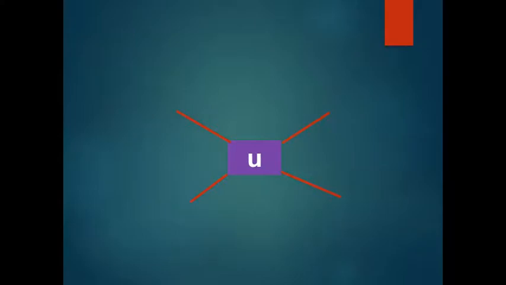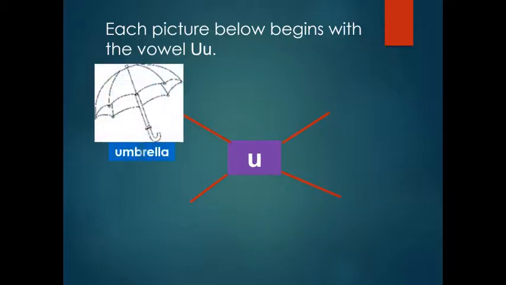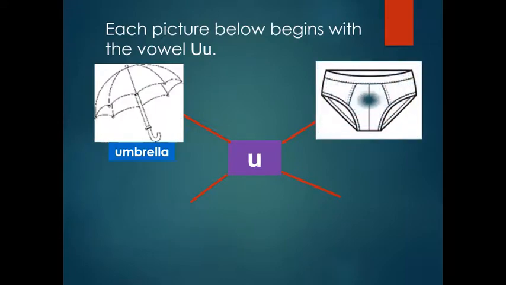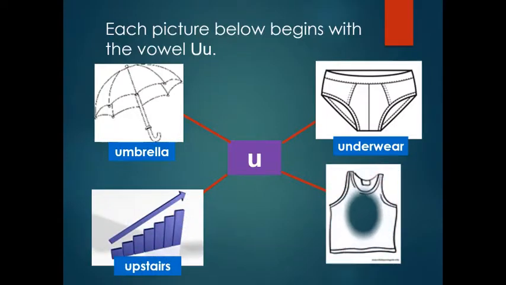Now the vowel U. Each picture below begins with the vowel U. The sound is U. Umbrella, underwear, upstairs, undershirt.